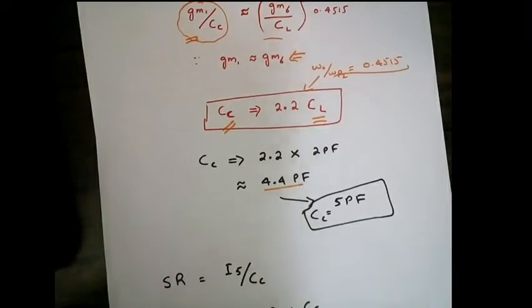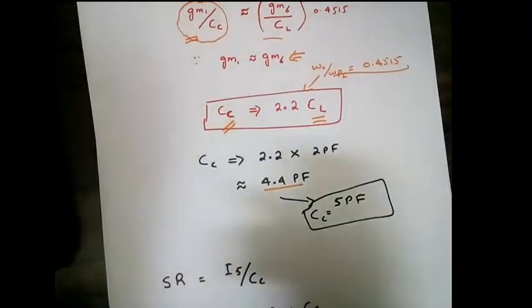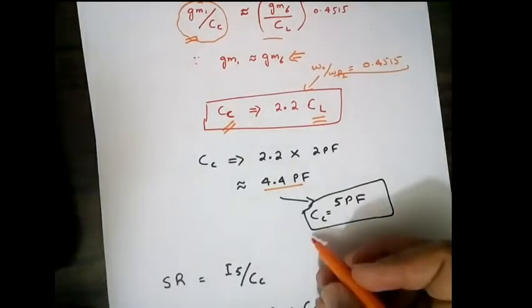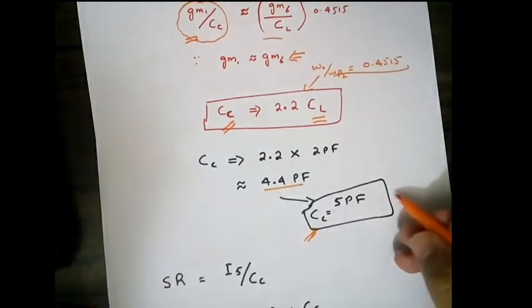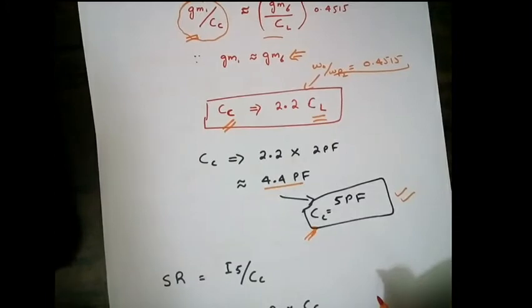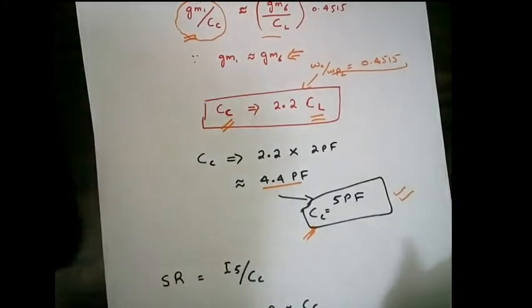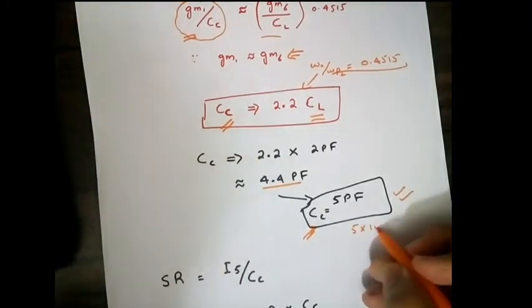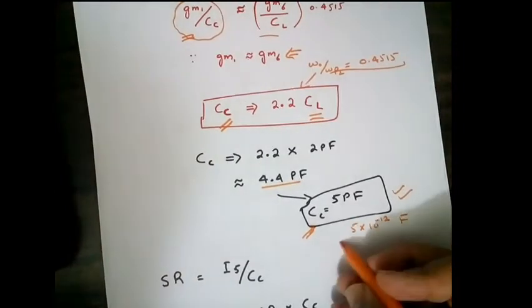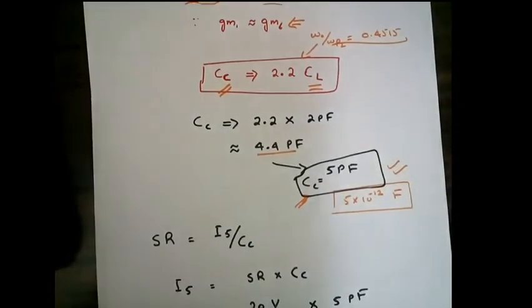So 4.4 might not be that good, so we will go for a 5 picofarad value, which is relatively available. So we can go for a Cc of 5 picofarad, and that's a reasonable value. Picofarad means 10 to the power minus 12, so it's something which we can integrate on chip. That is basically the value of the capacitor we are going to use.